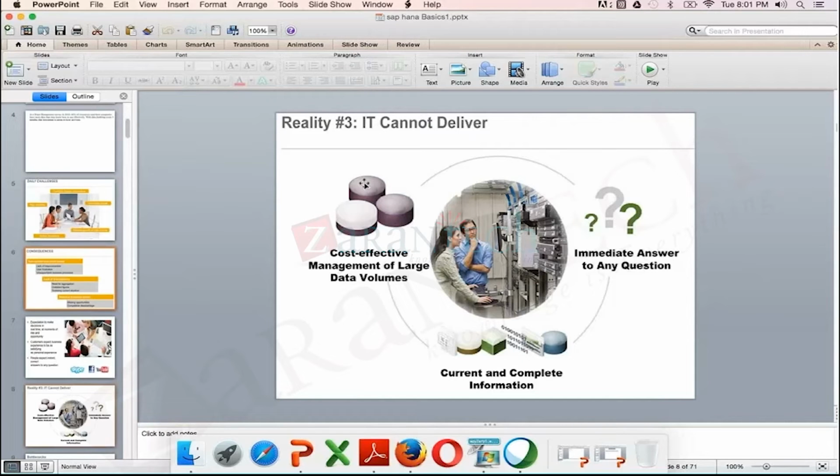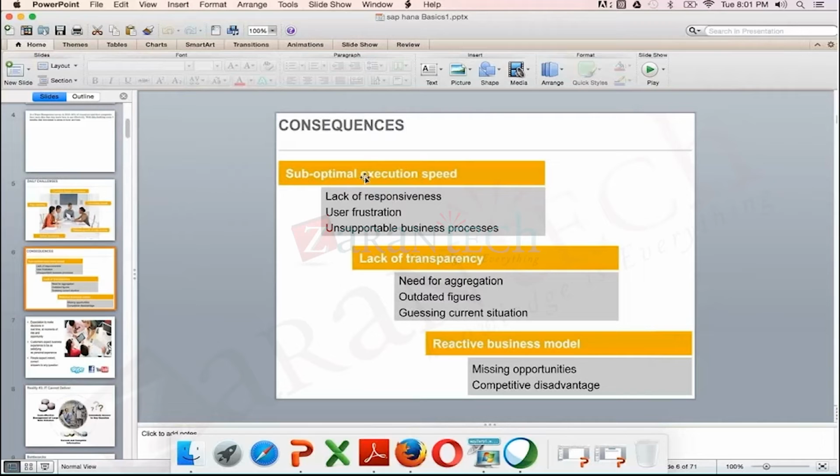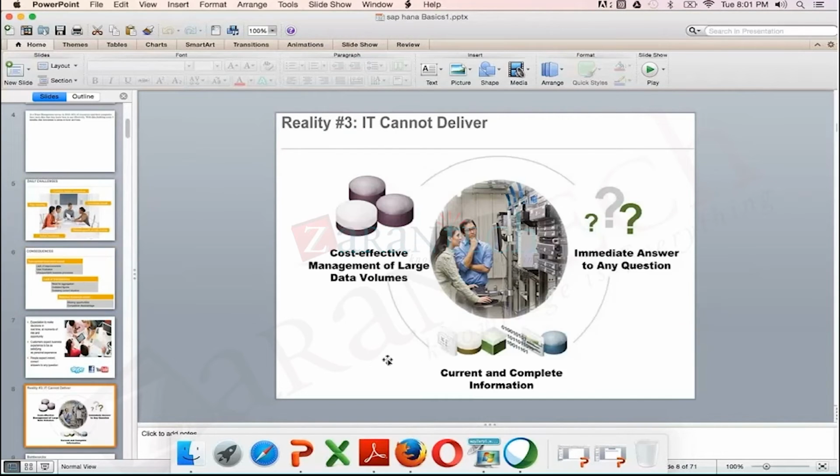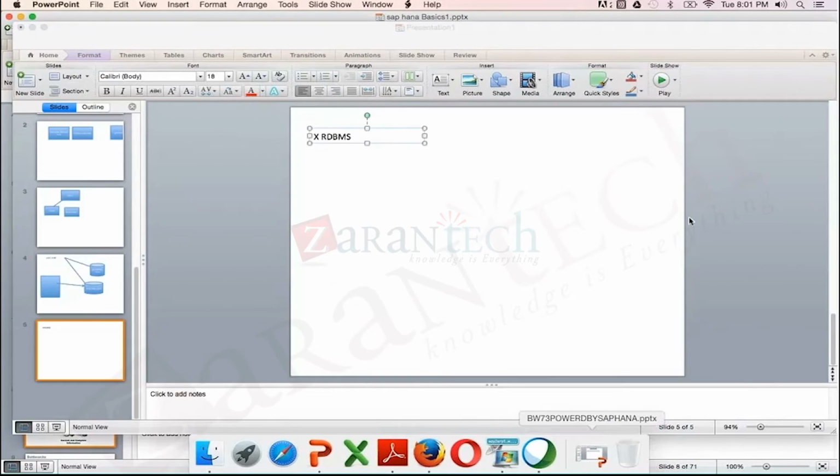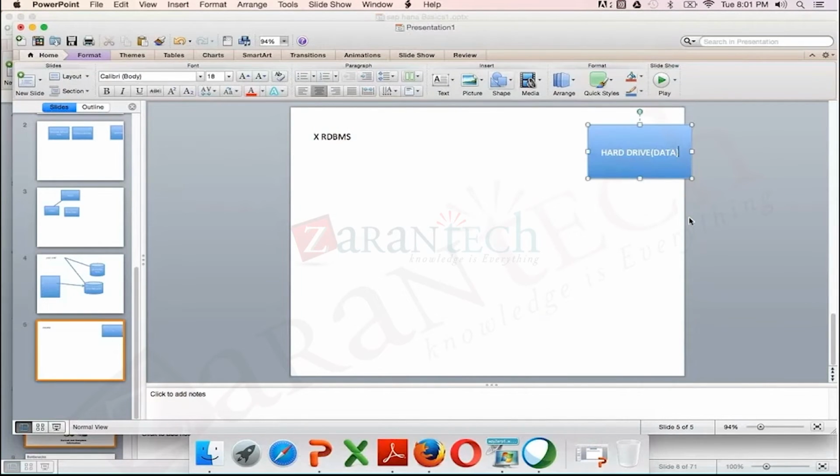Now let's understand how a traditional database operates. In any traditional database, my friends, the primary persistence of the data is the hard drive, which is a mechanical device. This is the processor and this is RAM, the main memory of the server.